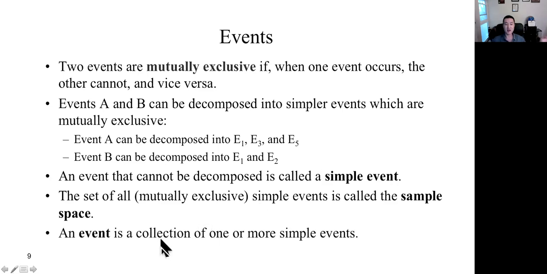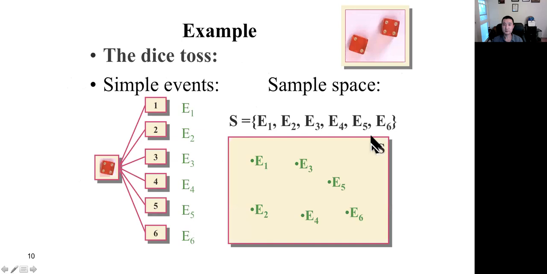And an event is a collection of one or more simple events. For example, event A, all odd numbers, we have 1, 3, and 5. We have 3 simple events, and so on.